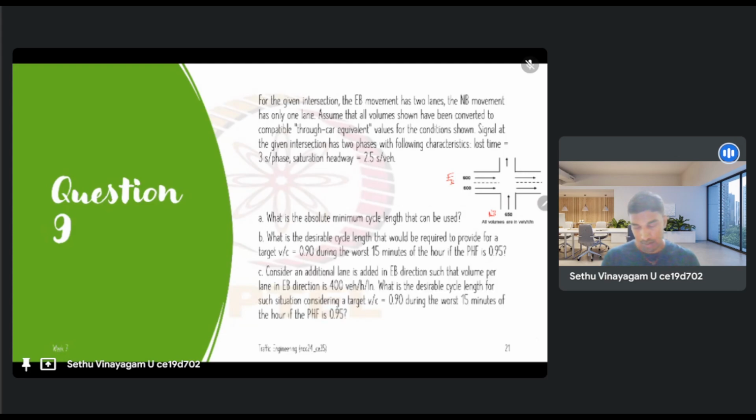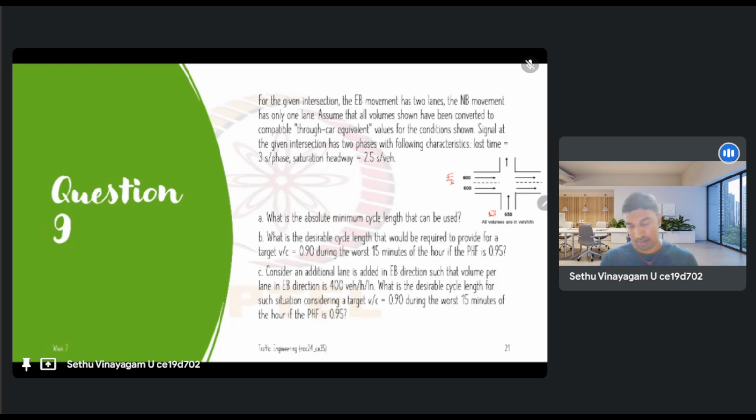And C is consider an additional lane added to the eastbound direction, right? So which is the third lane, and then the volume per lane drops down to 400 vehicles per hour per lane. So then in that case, what is the desirable cycle length for that situation with the target v by c ratio being 0.9 and the PHF being 0.95. Okay.